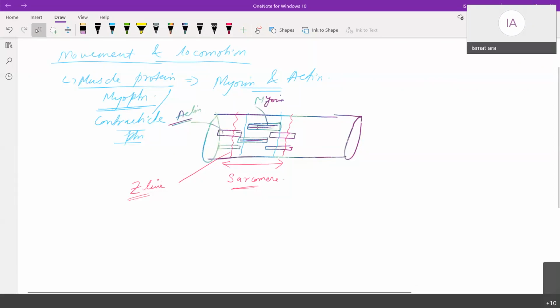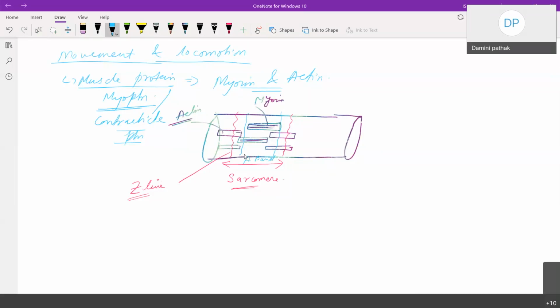Actin plus myosin, which type of band will they produce? Actin as well as myosin, both are present. With this blue, they are representing which type of band? A band. Exactly. A band.